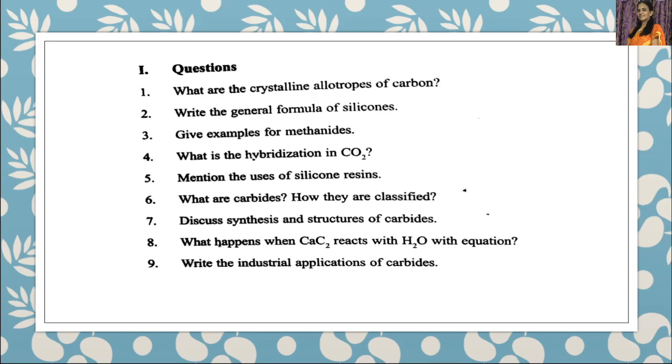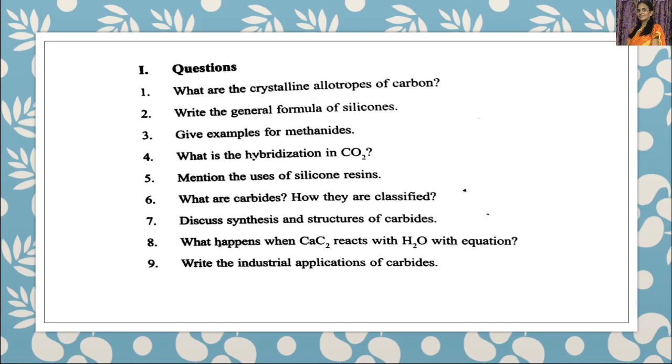Next, what is the hybridization of carbon in CO2? It undergoes sp hybridization. Next, mention the uses of silicone resins. Just now we have discussed the uses of silicone resins. Next, what are carbides?